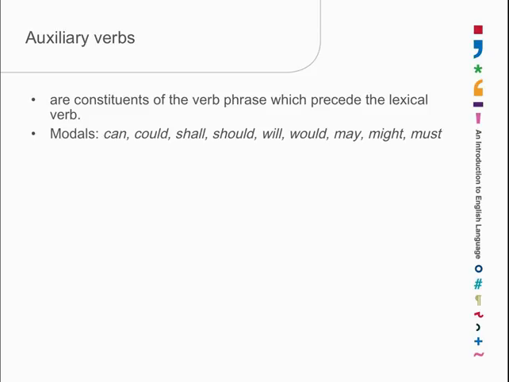The modals are very interesting. In some ways, because they're a closed set, they have the kind of vague meanings that we saw with demonstratives. It's quite hard to figure out exactly what the verb can means. I can whatever it is. Have the ability? Yes. Have the permission to? I can come tomorrow morning, my mother says. Well, if she gives you the permission, then presumably you have the ability.